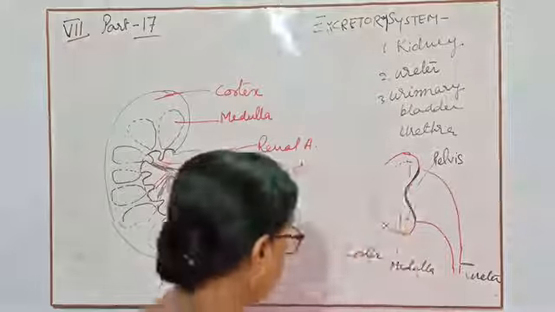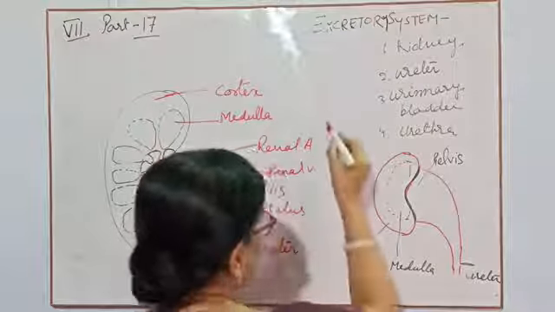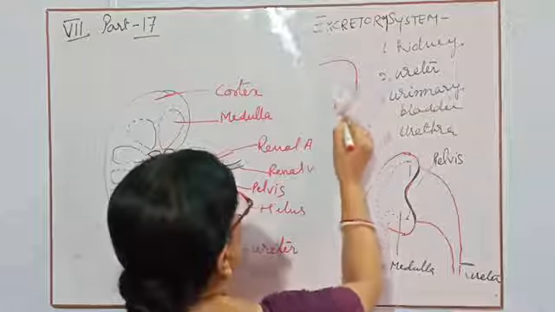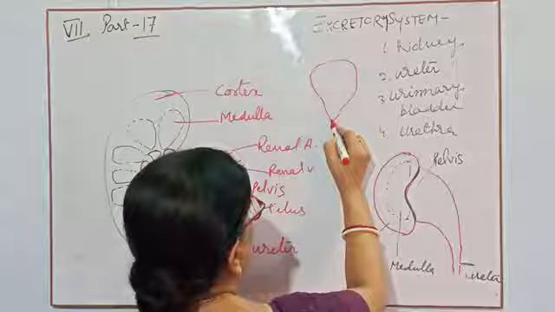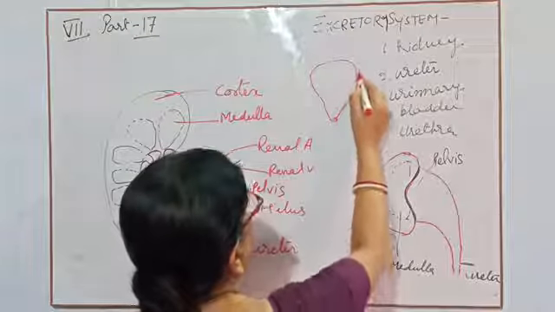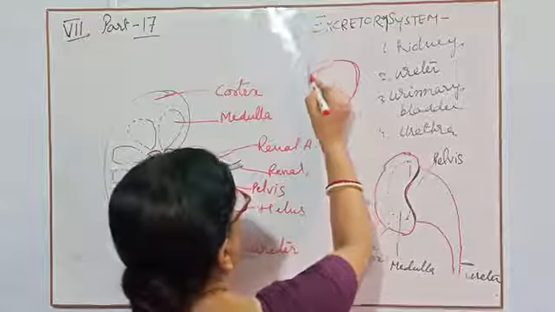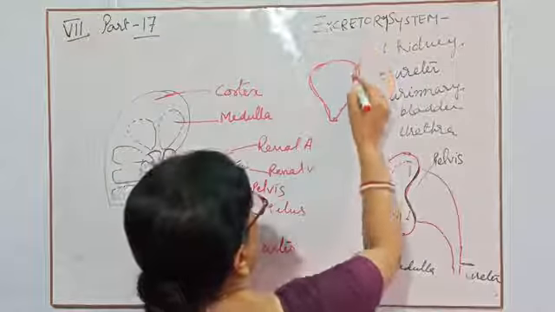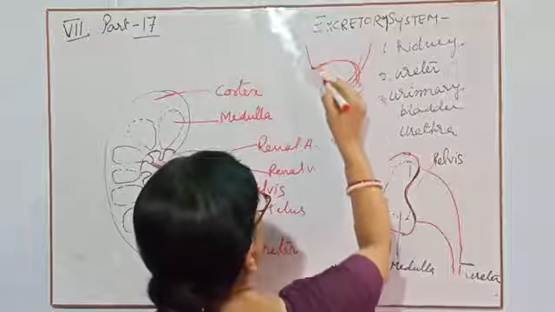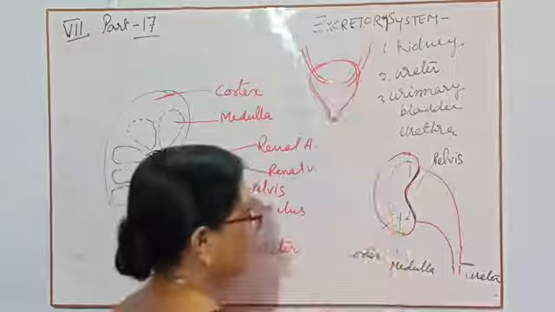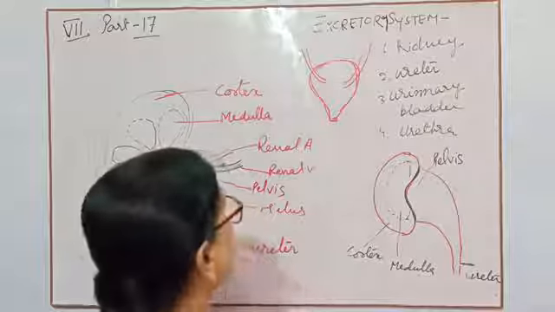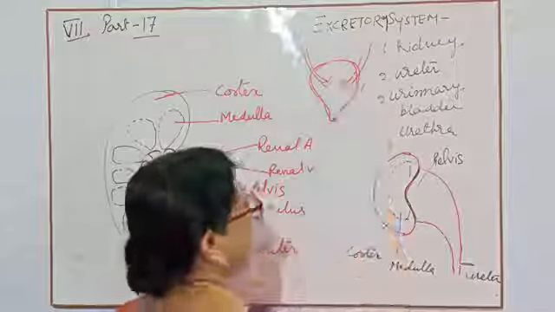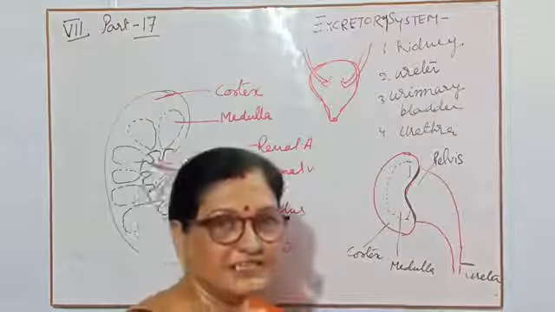The third one is the urinary bladder. According to the figure, this is the urinary bladder, and these two ureters come from the kidney and go inside the bladder. The end of the ureter is J shaped.